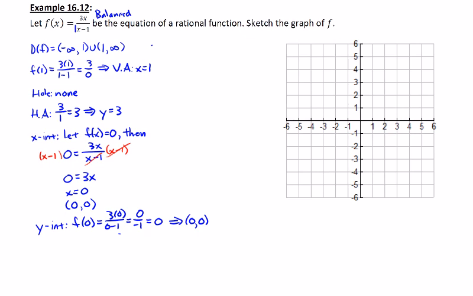So let's go ahead and take the information that we have, put it onto the graph, and then from there we can look at the fifth step where we're supposed to be making a t-chart to help us before we sketch. So we have one ordered pair with 0, 0. We have a vertical asymptote at x equals 1. And we have a horizontal asymptote at y equals 3.